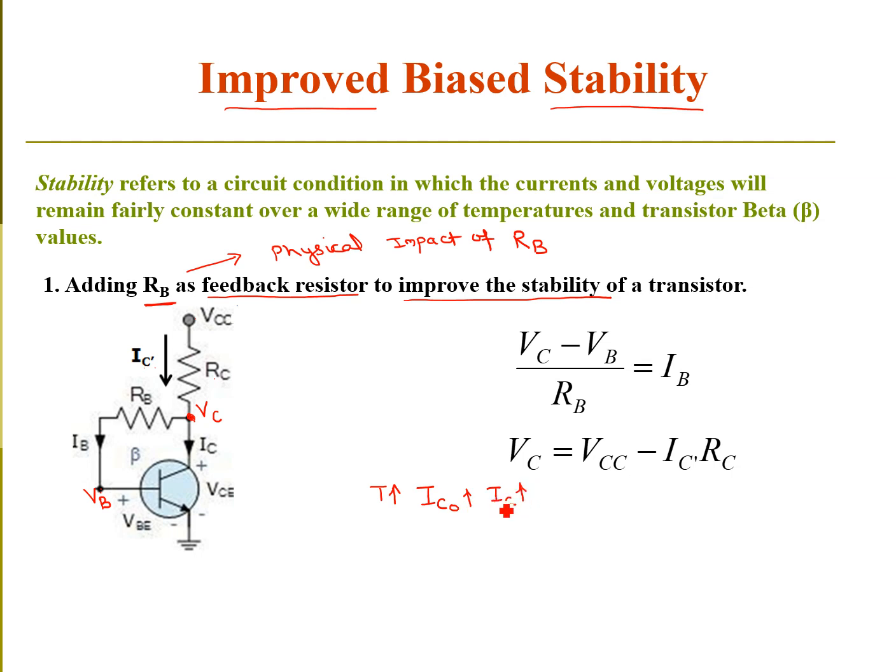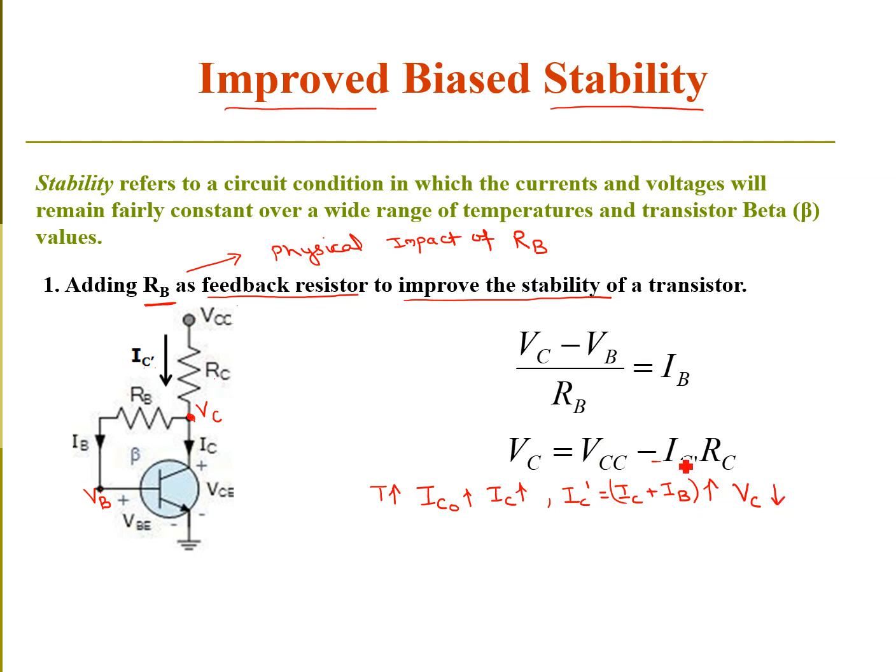And because IC is increasing, IC dash, which is equal to IC plus IB, also increases. IC dash into RC is a negative term over here. So if that is increasing, the value of VC will decrease.